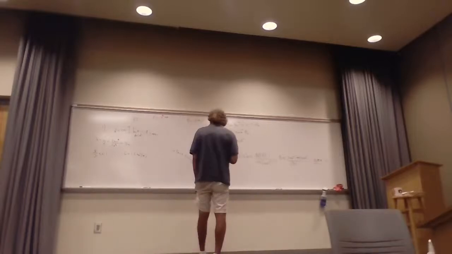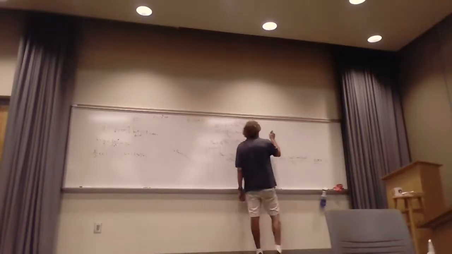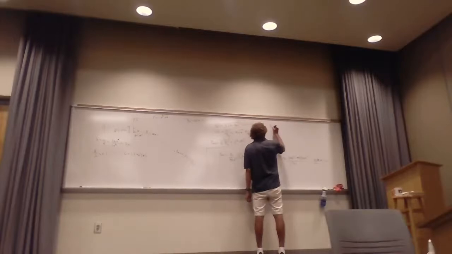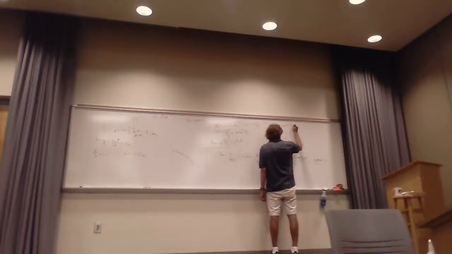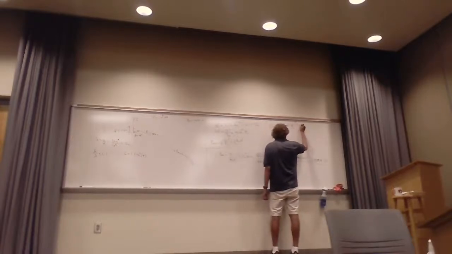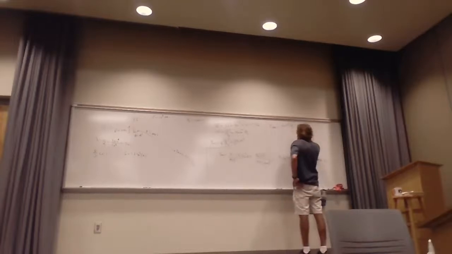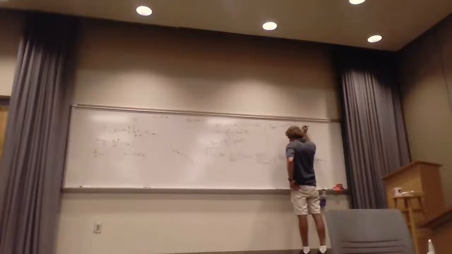Now you need the radiation resistance, and I'll put it over here. For this one, R rad was equal to 80 pi squared times L over lambda squared. And you're going to need this.